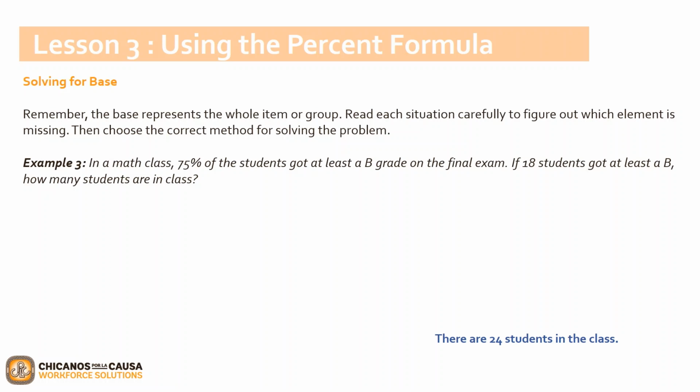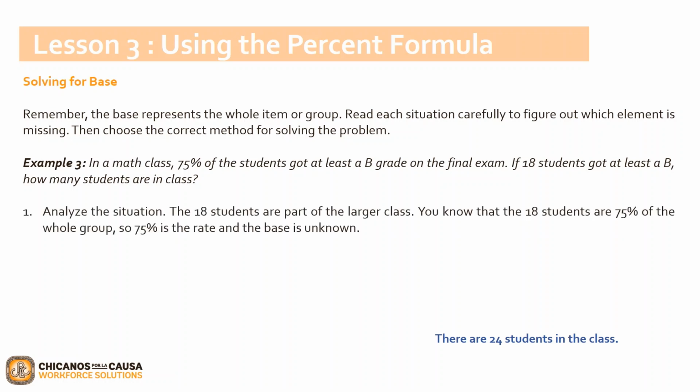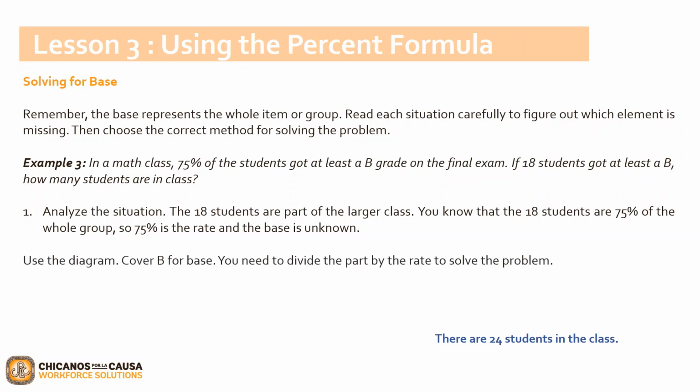In order to solve and answer example 3, we would first need to analyze the situation. The 18 students are part of the larger class. You know that the 18 students are 75% of the whole group, so 75% is the rate and the base is unknown. As shown in the diagram, we would cover B for the base, and we need to divide the part by the rate to solve the problem.